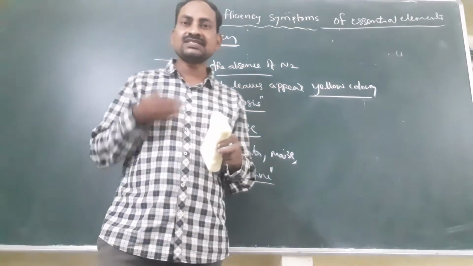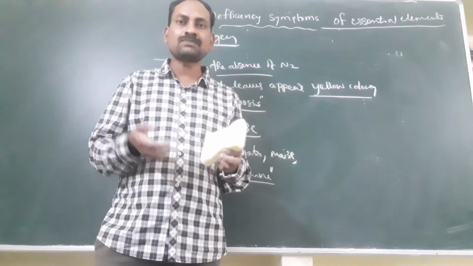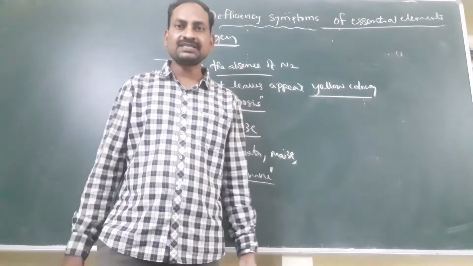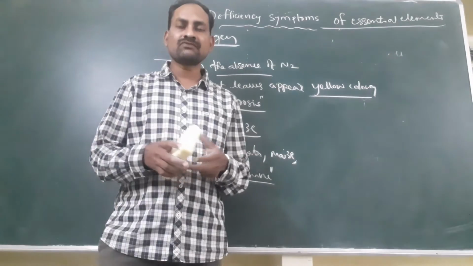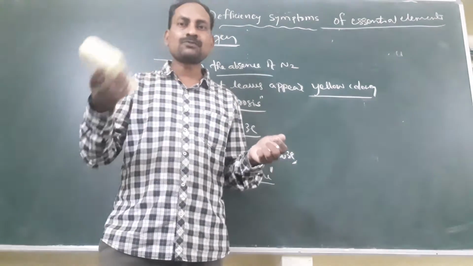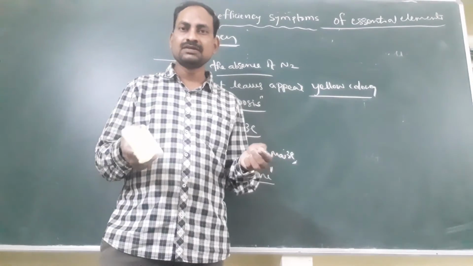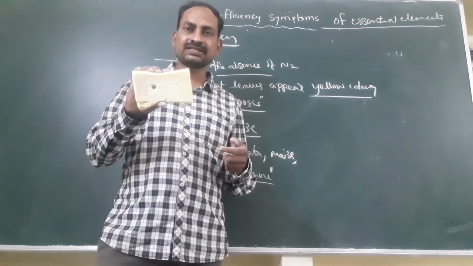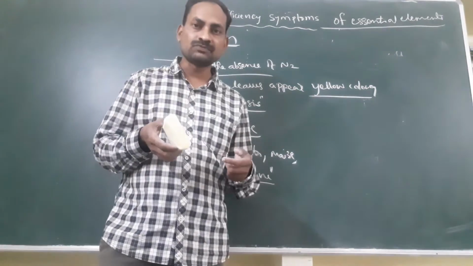But when nitrogen is more present in the soil, suppose we supply more quantity of nitrogen, then in that condition also the plant produces some symptoms. Okay. So here nitrogen, when it is available in more quantity, produces toxic symptoms.